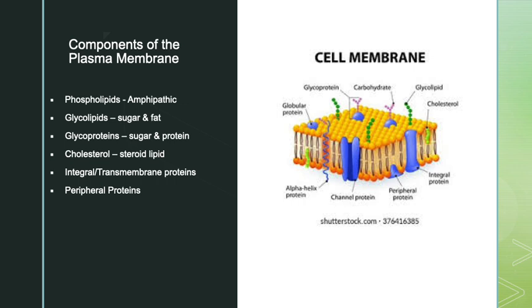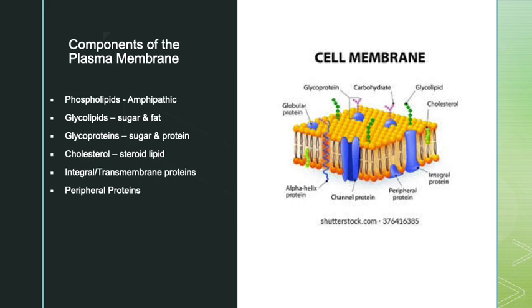Other cells need to be very flexible and be able to slightly change shape or modify their shape as they interact with different components of our body. So some cells may have lots of cholesterol in that cell membrane. Other cells may only have a little bit. So it's going to vary depending on where we're at in the body, how much cholesterol that cell has in its membrane.